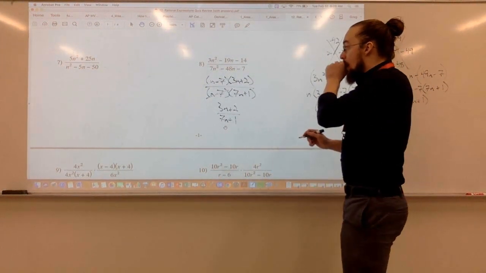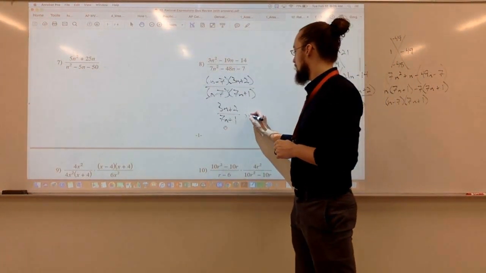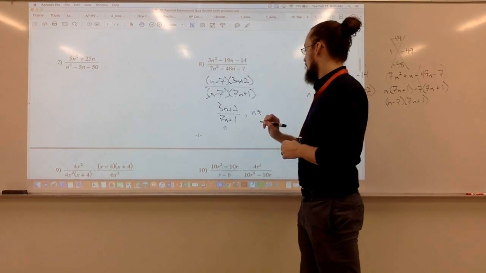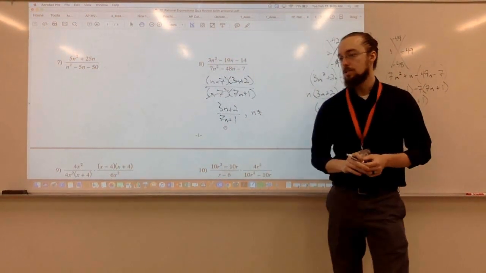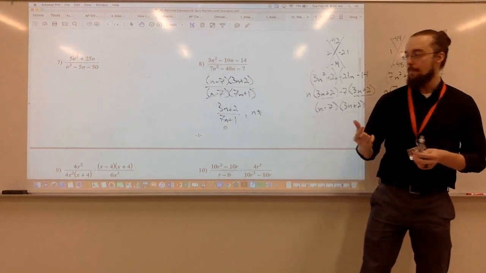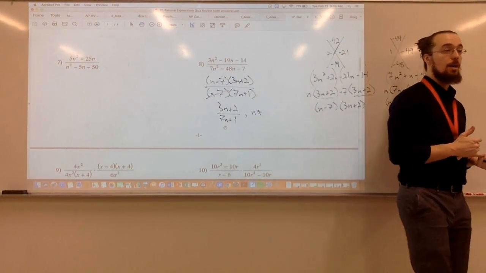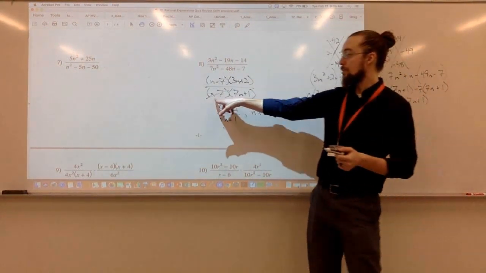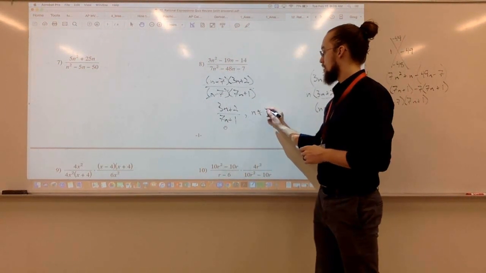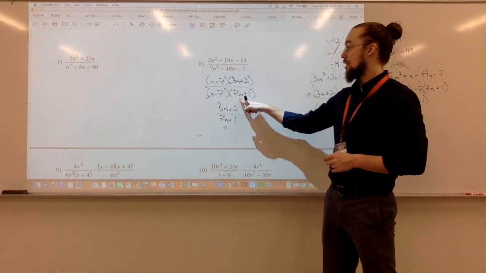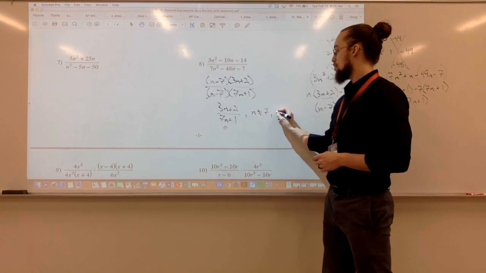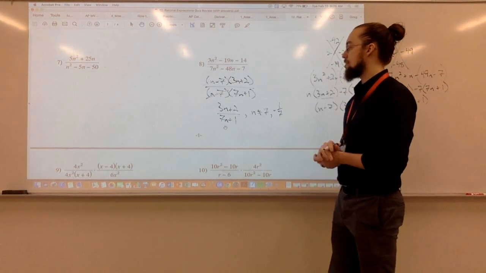So n cannot equal what? And remember, these come from our denominator before we canceled anything out. So 7, that one's pretty obvious from this factor. From this one, it's not so obvious. The answer is negative 1/7.